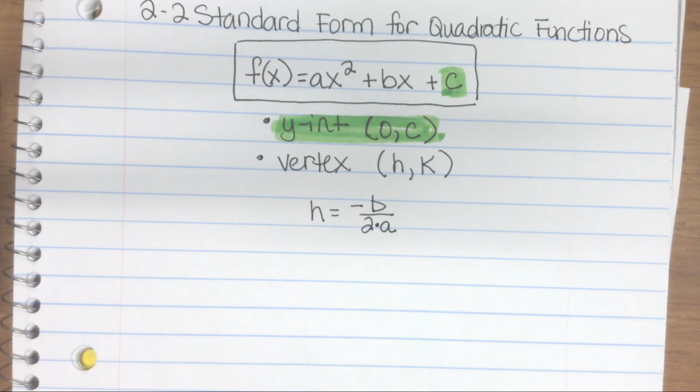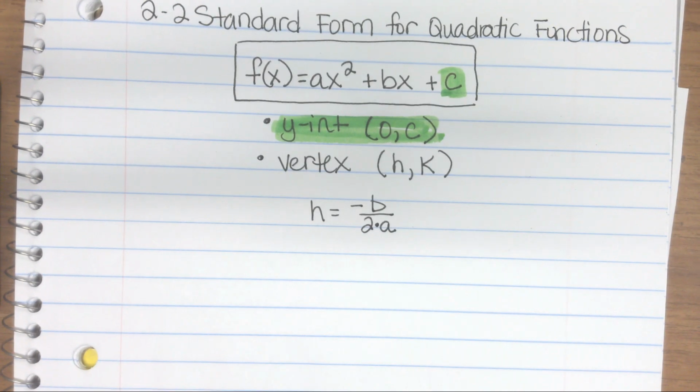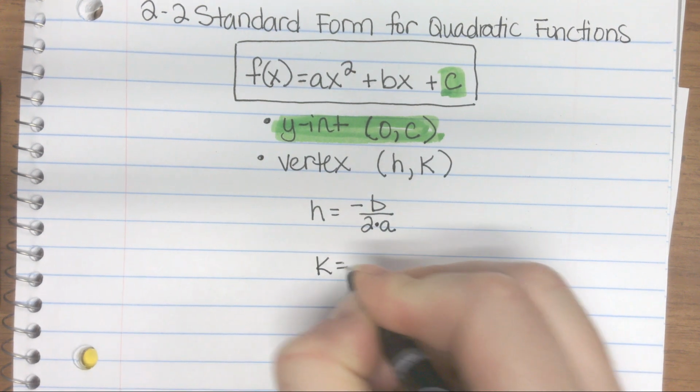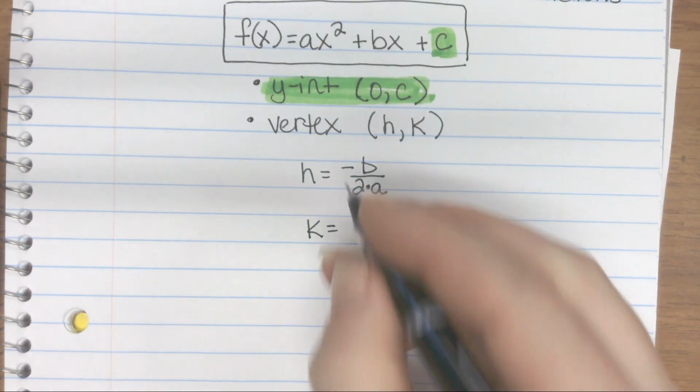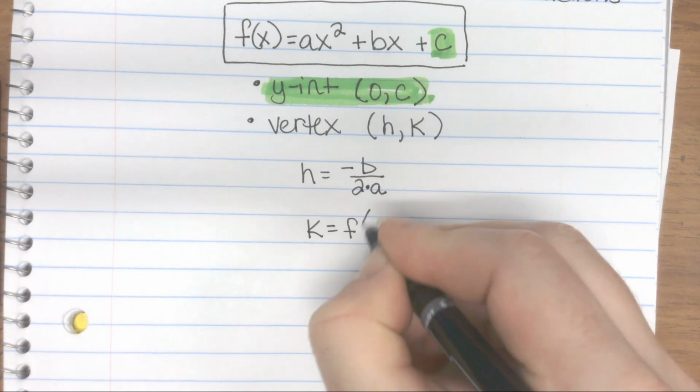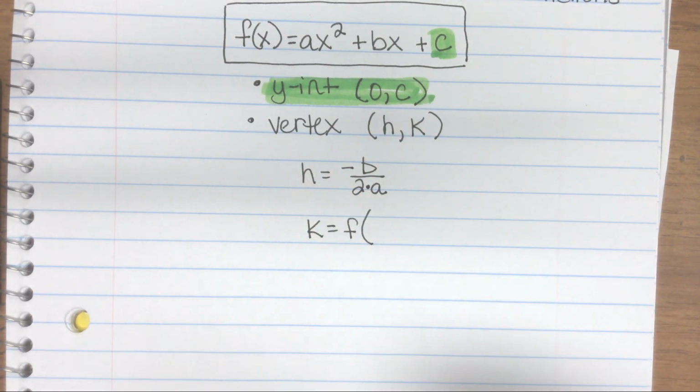What that's going to give us is a number that is the x coordinate of the vertex. To find the y coordinate of the vertex, to find the k, we are simply going to take whatever that value is and plug it into the function.